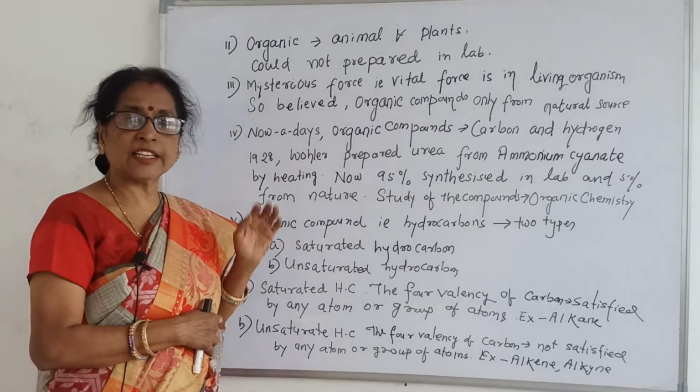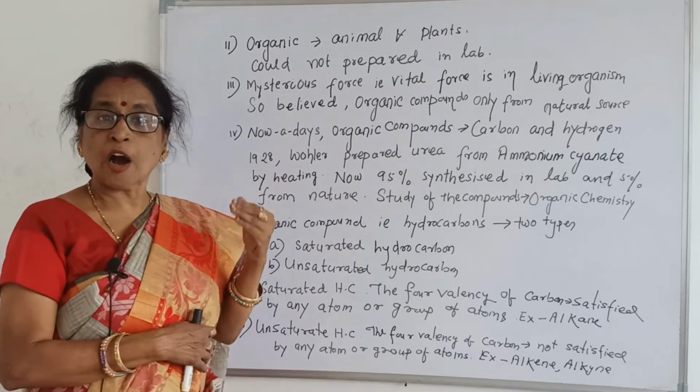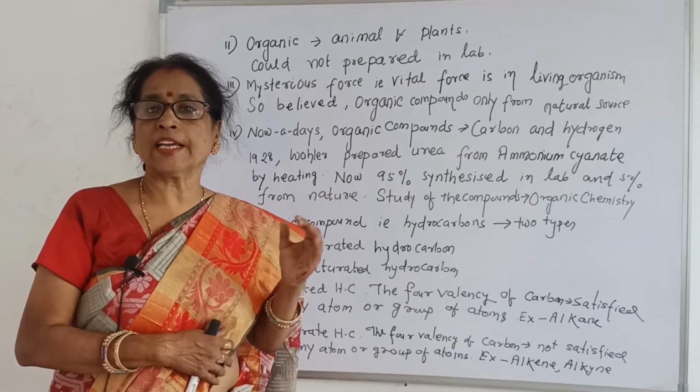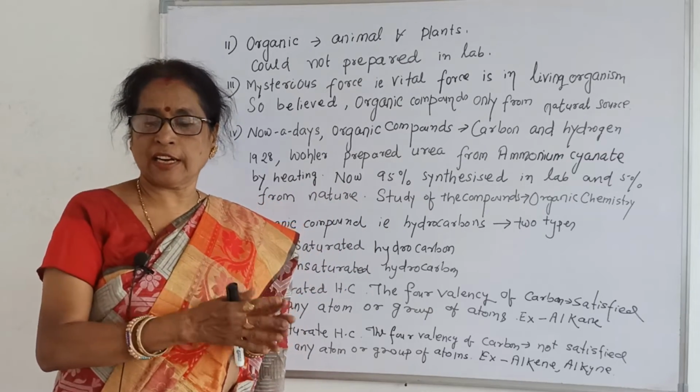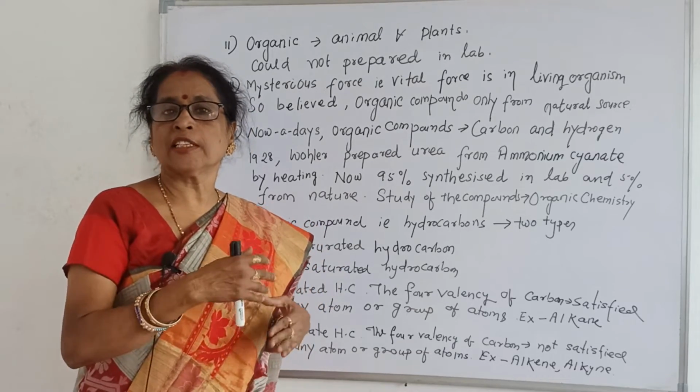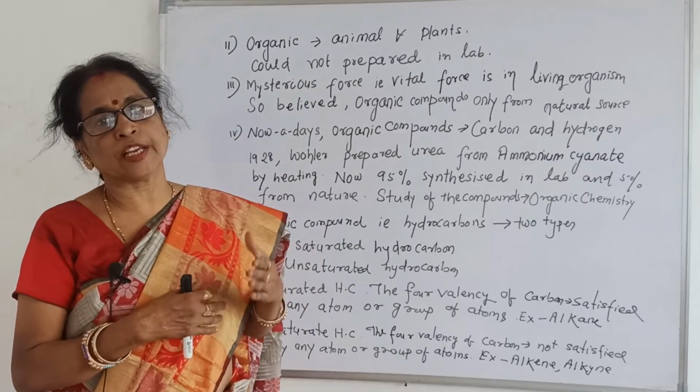Up to 1928, it was believed that organic chemistry means organic life, coming from plants and animals, the natural source of organic compounds.